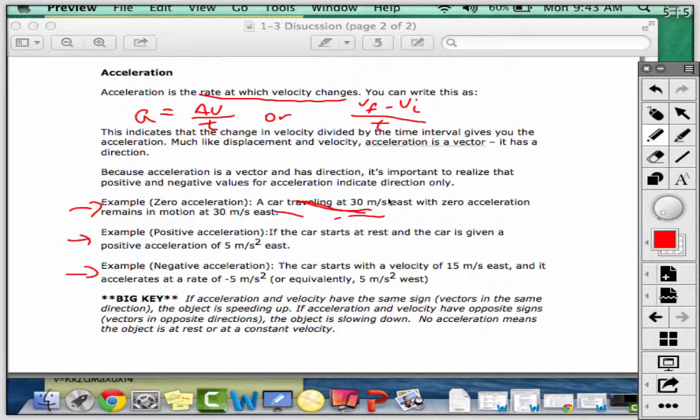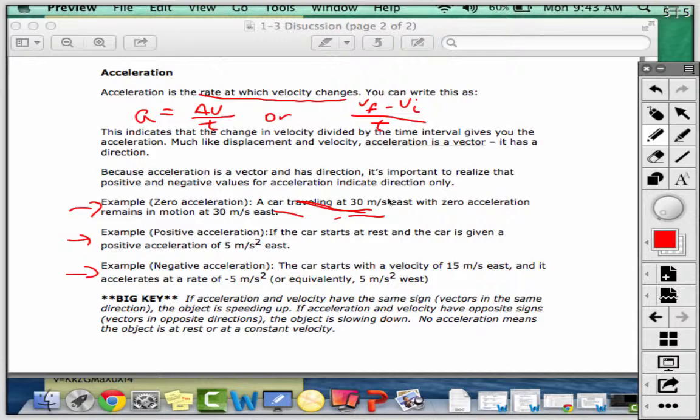If it starts at 0, at 1 second, how fast would the car be going? Good. At 2 seconds? Good. At 3 seconds? 15. So 15 meters per second would be the speed of the car after 3 seconds.